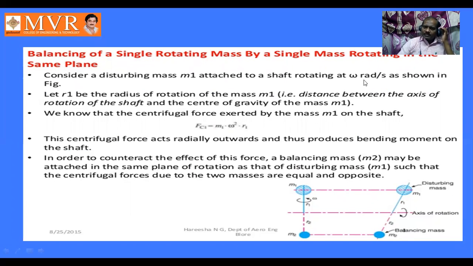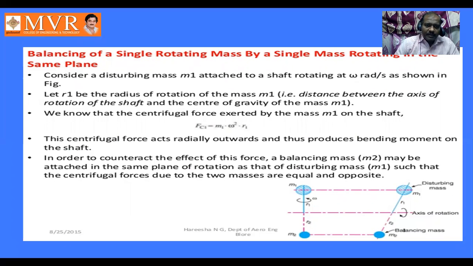So, as we are considering rotating as one condition, rotating will be there, reciprocating will be there. Consider a distribution of mass m1 attached to a shaft rotating at angular velocity omega radians per second, as shown in the figure.